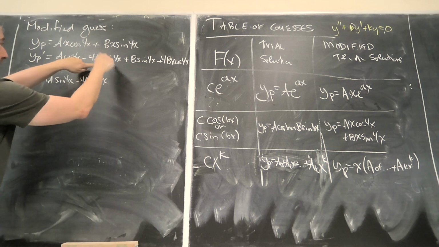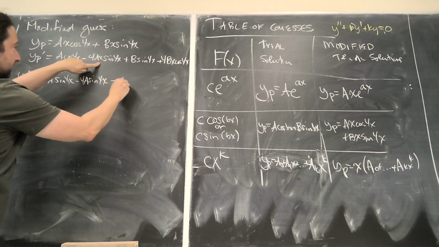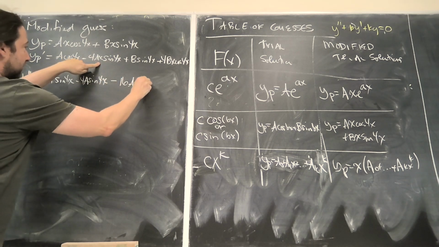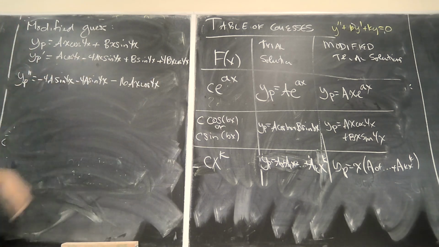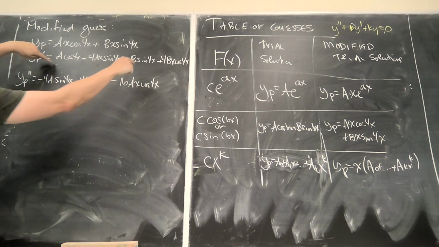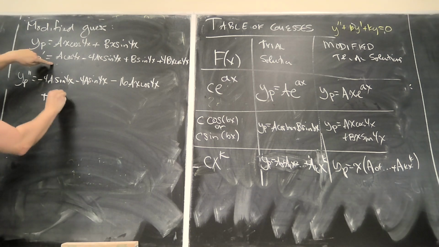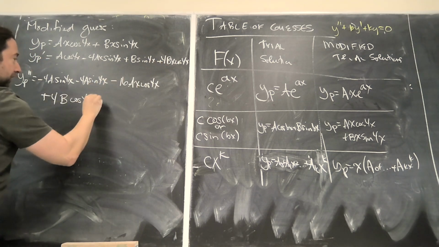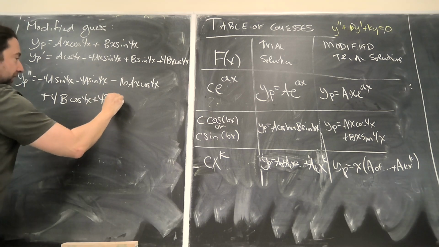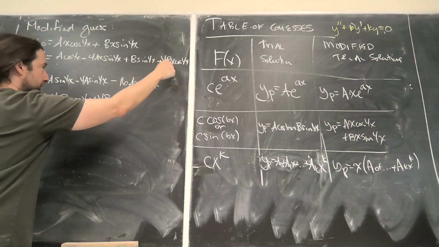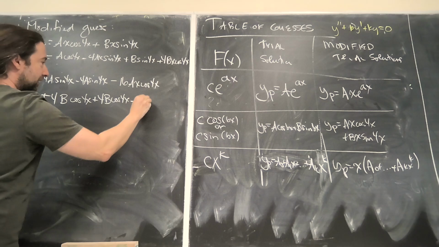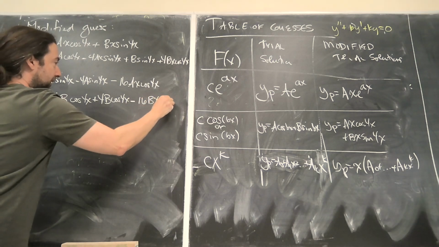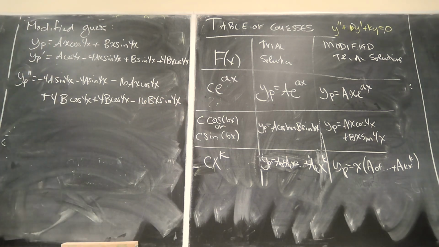And then I'm going to have a minus 16ax cosine of 4x. I think. Yes. And then the derivative of that term is going to be 4b cosine of 4x. And then I'm going to get another 4b cosine of 4x from this guy taking the derivative of the x, but then it'll be a minus 16bx times the sine of 4x.